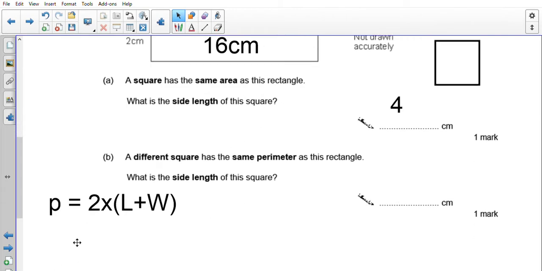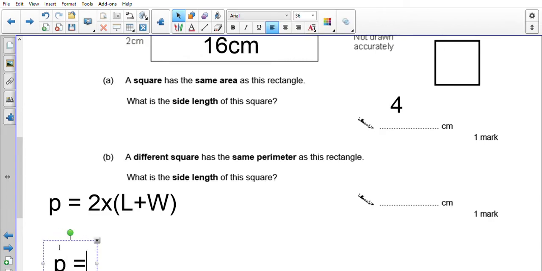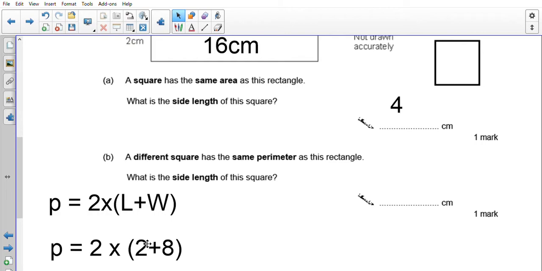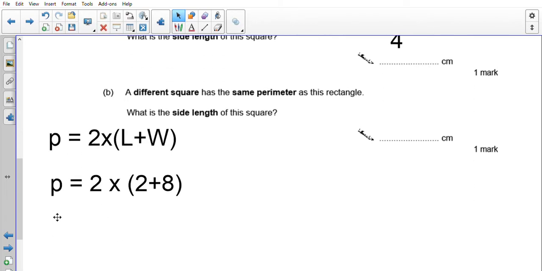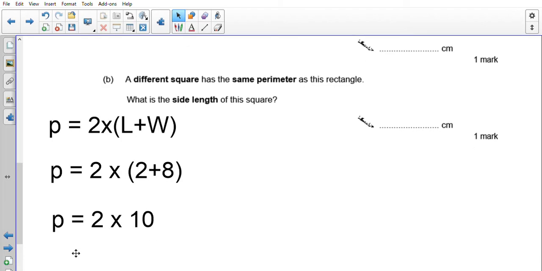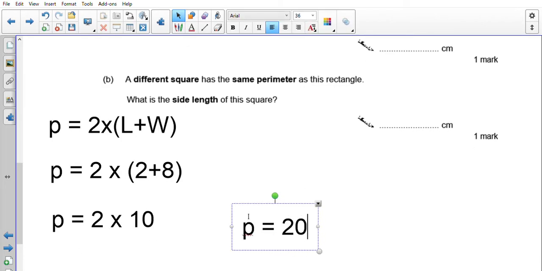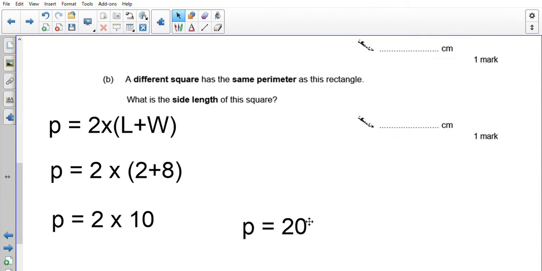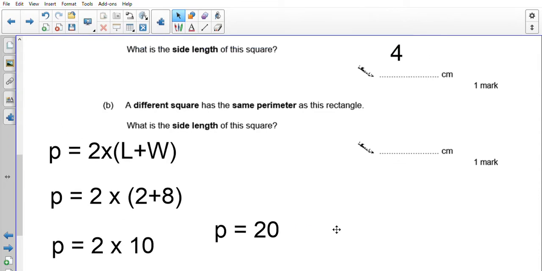So to find my perimeter, perimeter equals 2 times 2 plus 8. And if I use my BIDMAS knowledge, I need to do my brackets first. So perimeter equals 2 times 10, because I do 2 plus 8 first because it's in the brackets, which means that my perimeter equals 20. Okay, so I have my perimeter.